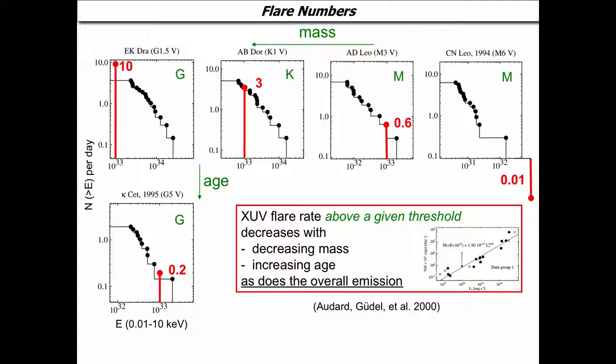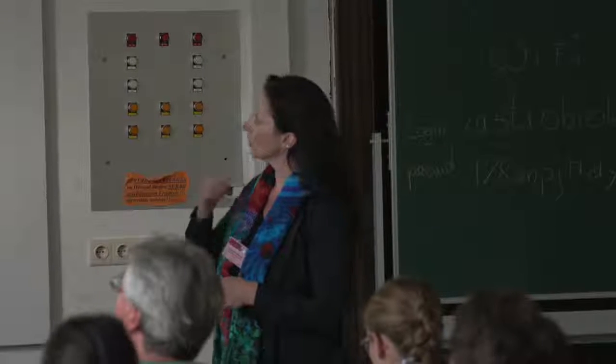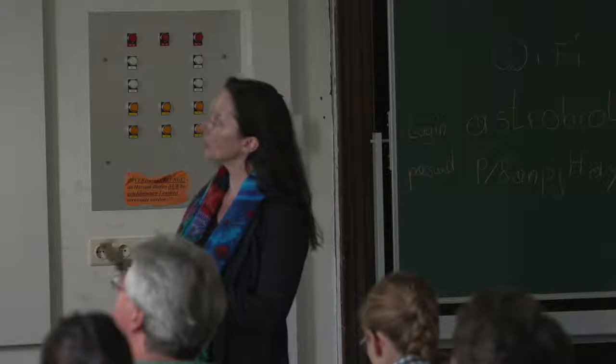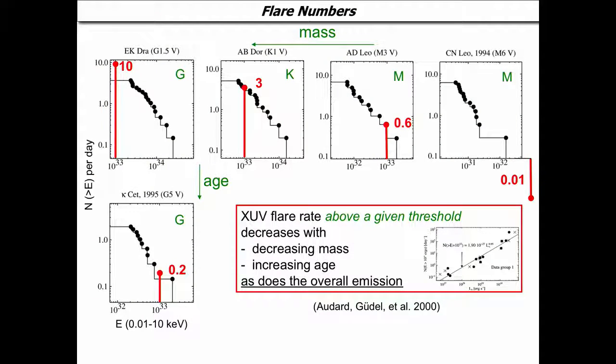You see that for the young solar type star, if we have a look at the XUV flare rate above a given threshold, it decreases a lot, like say from 10 to 3 to 0.6 and 0.01 with decreasing mass, so solar type to M-dwarfs. And the overall emission decreases quite a bit as well. And also with age, we have a decrease of flare rates from 10 to 0.2 for a given threshold per day, for example.